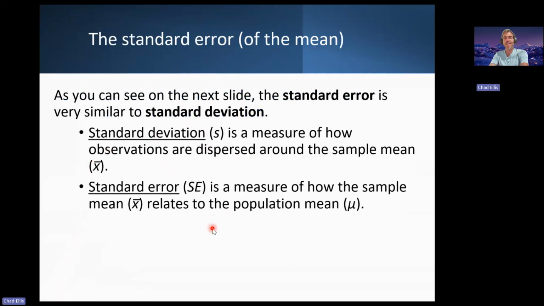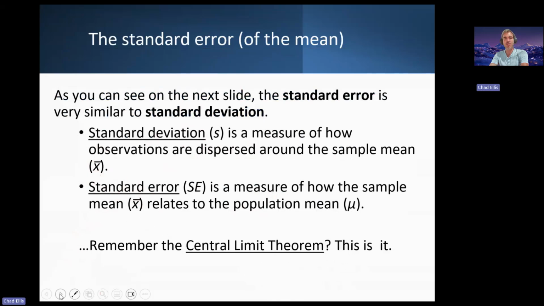Our standard error is a measure of how the sample mean relates or does not relate to the population mean, and how much error we have. It also has the word standard in it because we'll see that the error itself is normally distributed. That's the assumption we're making.